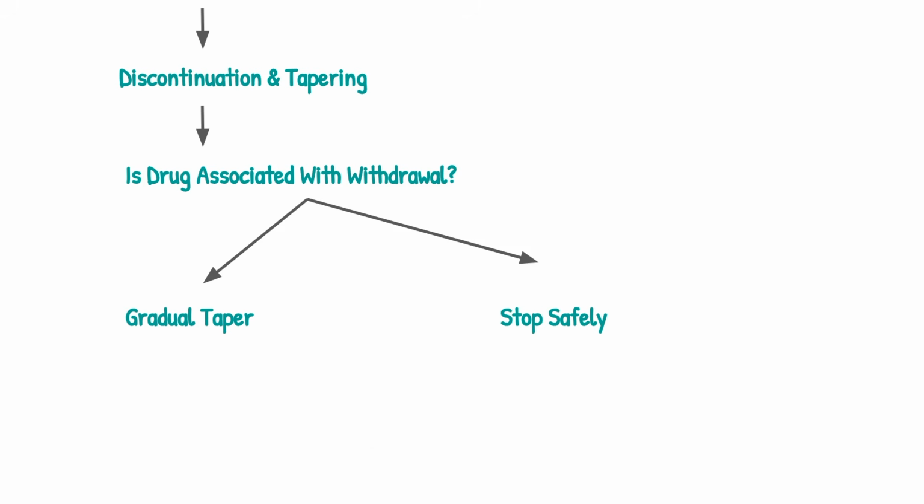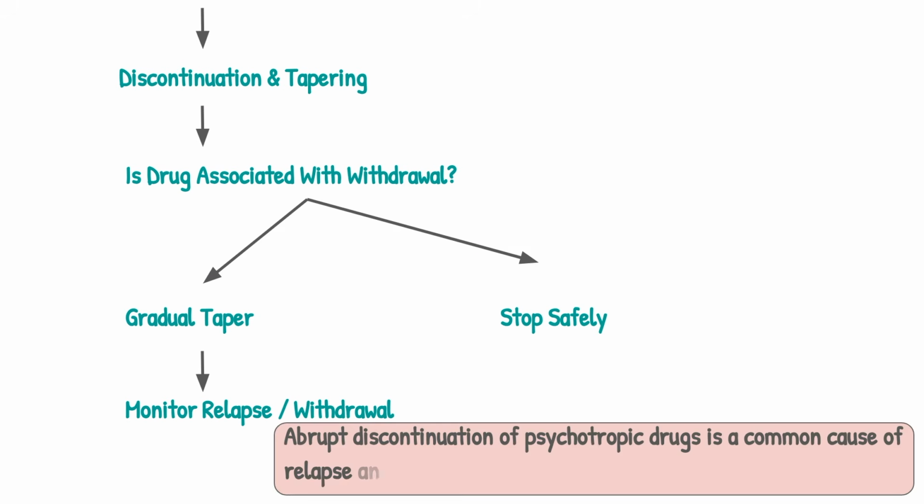After discontinuation, patients must be monitored for return of symptoms or withdrawal effects. Early detection allows timely intervention, including reinstating treatment if necessary. Follow-up is essential during this phase. For exams and clinical practice, remember, abrupt discontinuation of psychotropic drugs is a common cause of relapse and withdrawal. Tapering is safer than stopping.